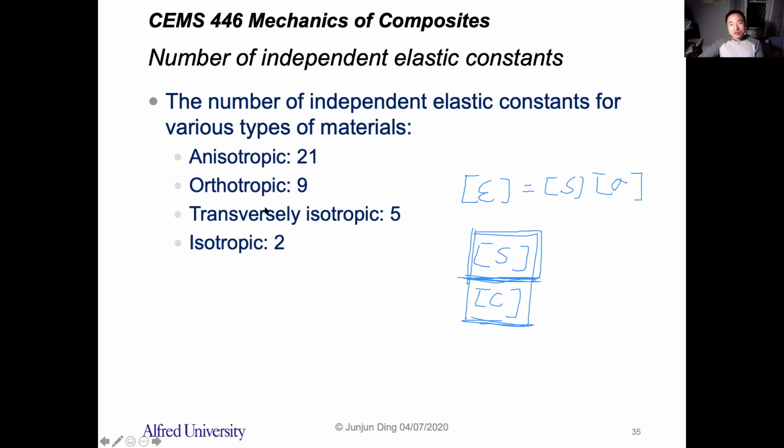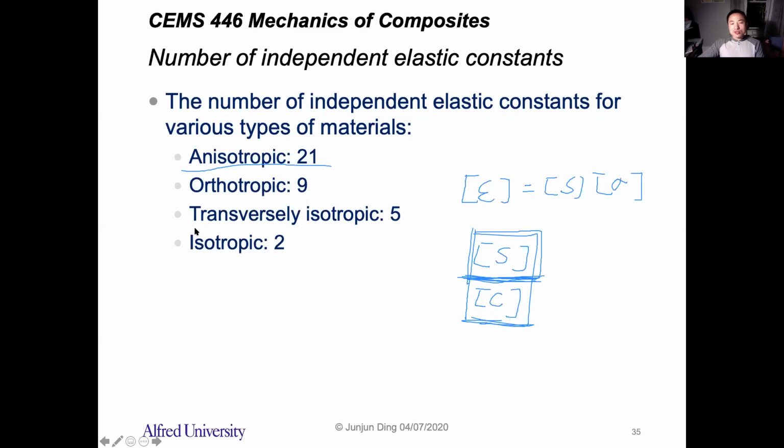And for a general material, an anisotropic material, you have 21 independent constants for the compliance matrix and the stiffness matrix. While if you have an orthotropic material, you have 9 independent constants.